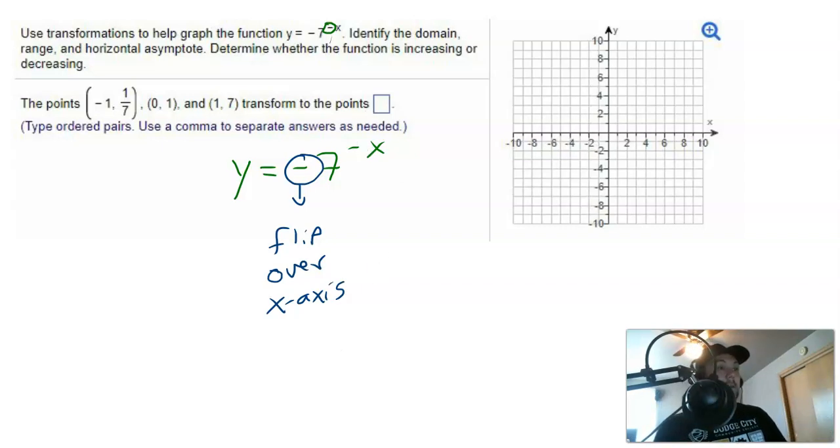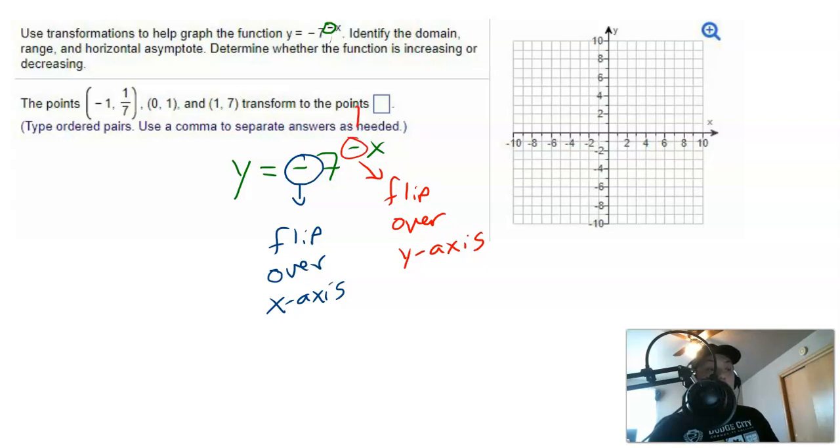This negative sign up here, let me pick a different color, is also a flip, but it's a flip that we did not study in chapter 2. But you could probably guess, if this is flipping over the x-axis, this is going to flip it over the y-axis. Right. And so the graph gets flipped twice. Now the way you can manage that without knowing this second transformation, flipping over the y-axis, is using what we talked about earlier in this video.